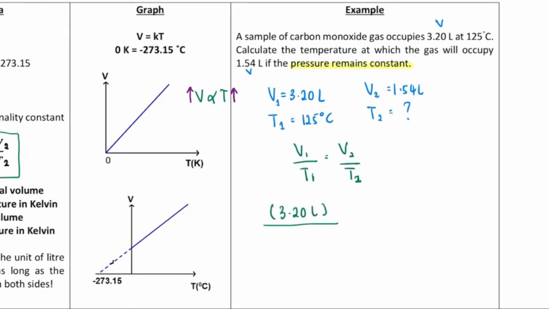T1 kita, temperature kita ingat must be in Kelvin, so 125 plus 273.15, equal to V2 kita 1.54 liter, and then our T2. So when you press your calculator, T2 kamu jadi 191.6 Kelvin.